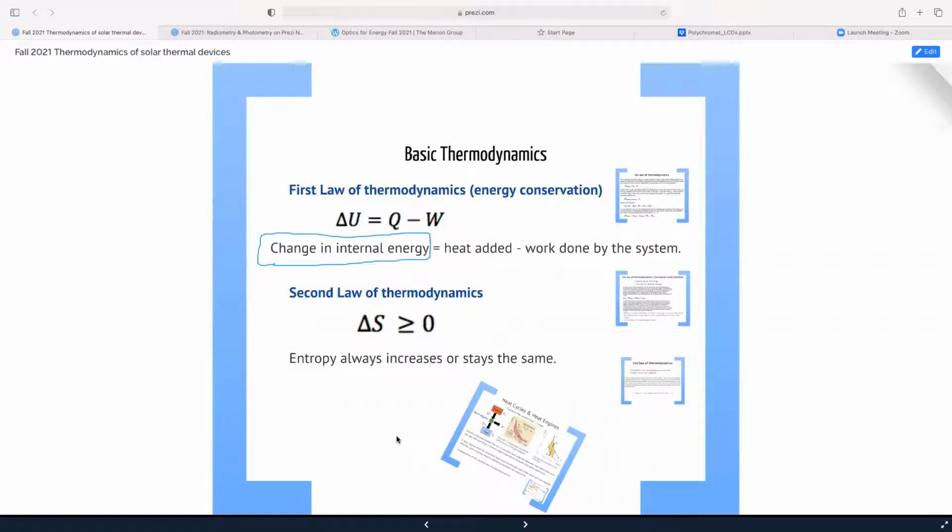This is very profound, and it is related to the point that we derived a few lectures ago, where we said that how much you concentrate light is inversely proportional to the acceptance angle of a concentrator. If you remember, the concentration factor in a 2D system was proportional to 1 over sine theta. This actually comes from this. We'll see that later on, but just keep that in mind.